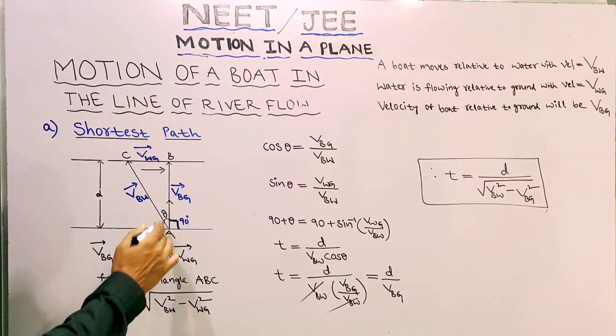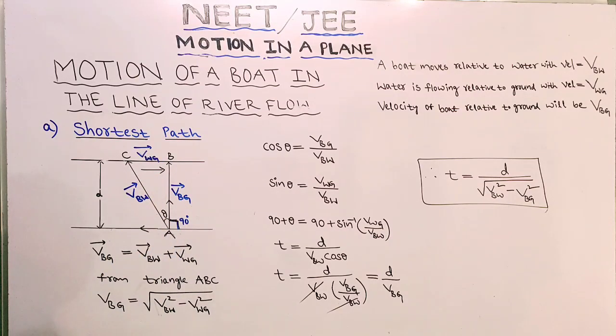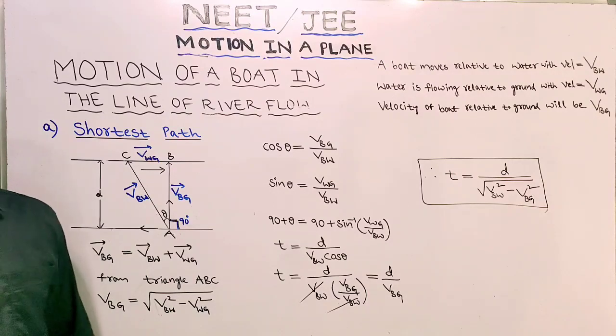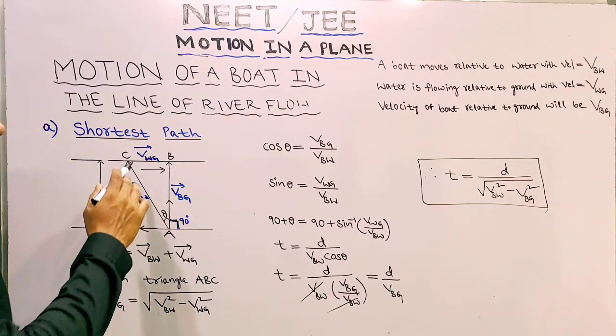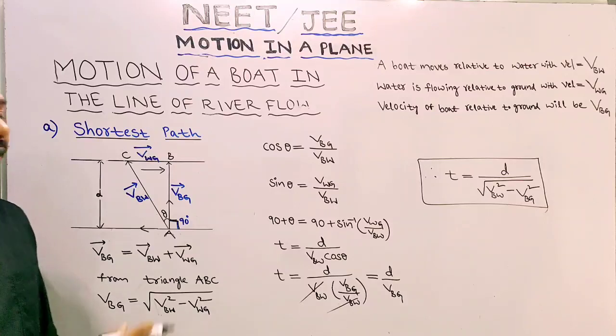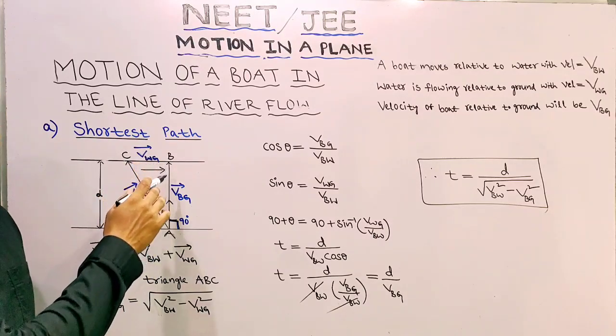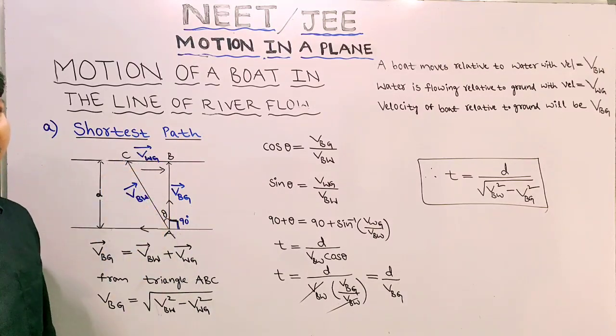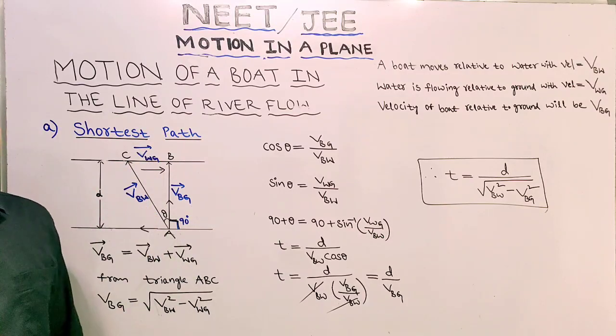The boat wants to reach from point A to point B, but the river flow is there, VWG, the velocity of water with respect to the ground.